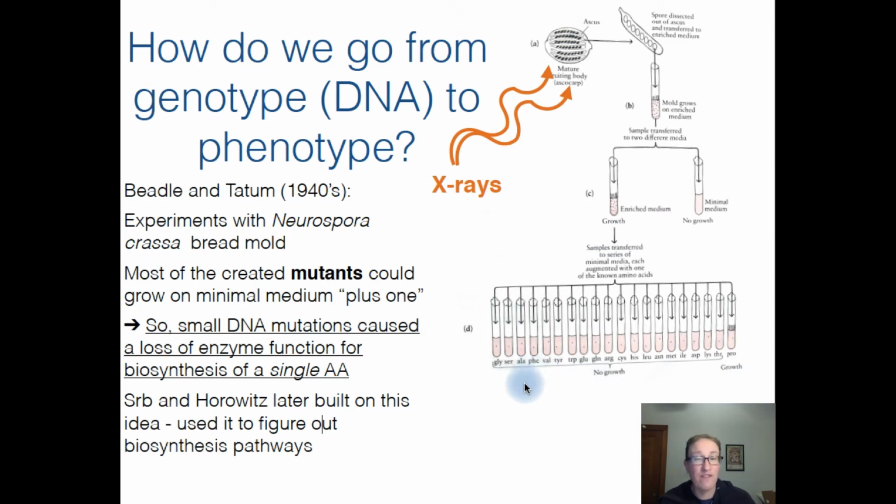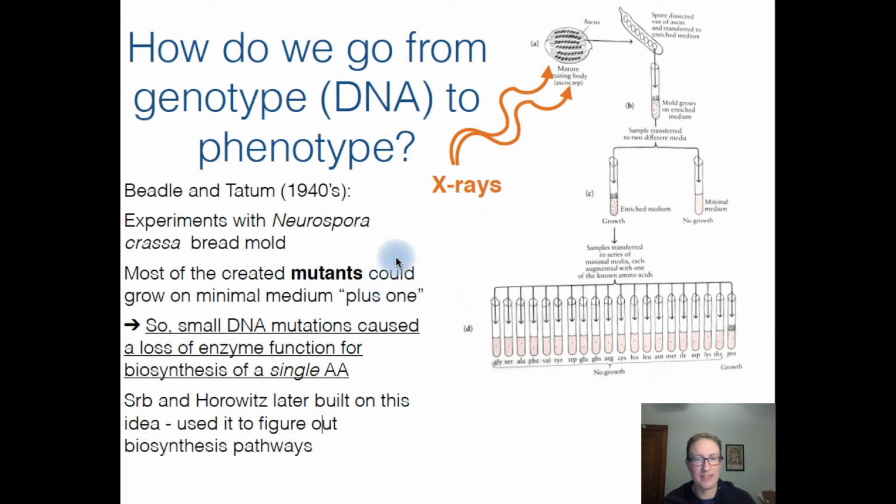And then what they found was when they ran this experiment and they repeated this experiment with different types of mutants, in every case what would happen is when they tested out all these different amino acids, any particular mutant would only need one out of those amino acids, and then it would be able to grow successfully.